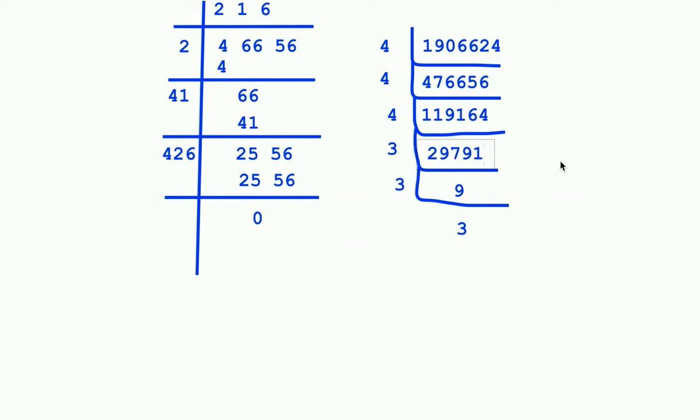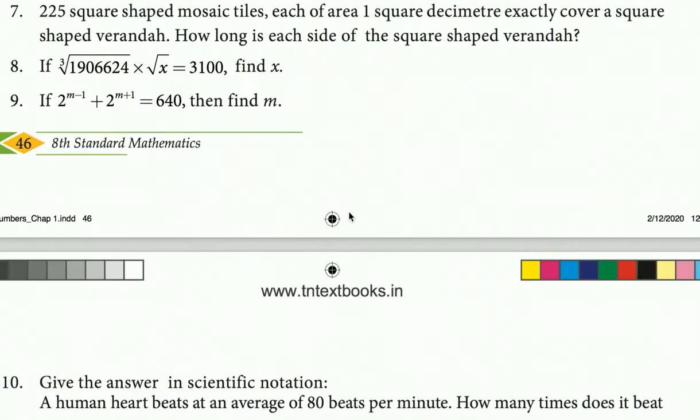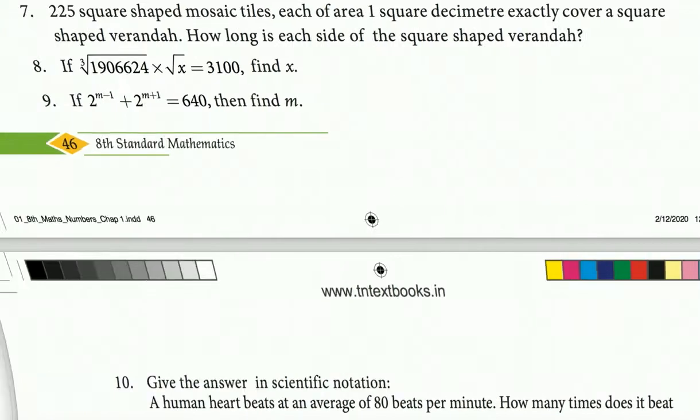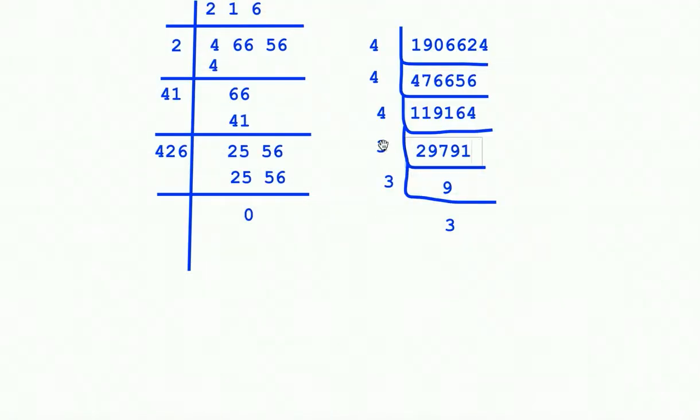Okay, in any case, see the number 1906624. Did we make any mistake here? So we haven't made any mistake. That is 1906624 only. Okay, so it won't go by 21, 23, 27, 29.